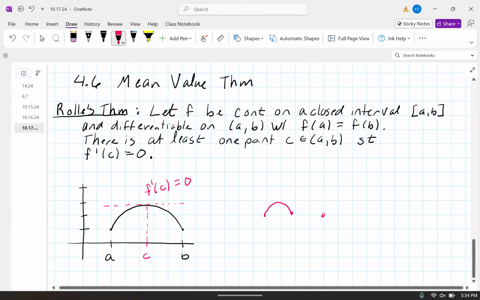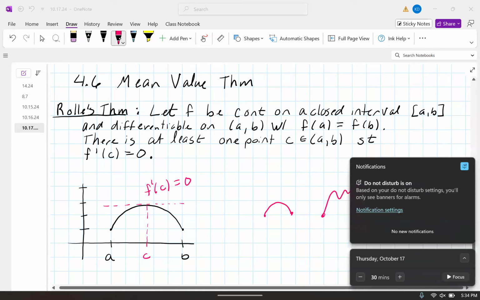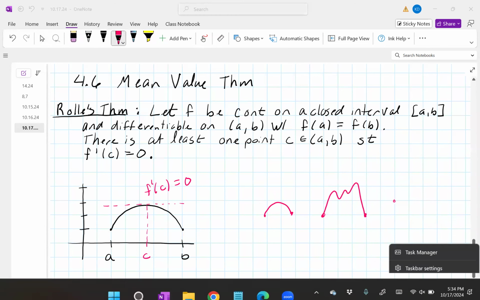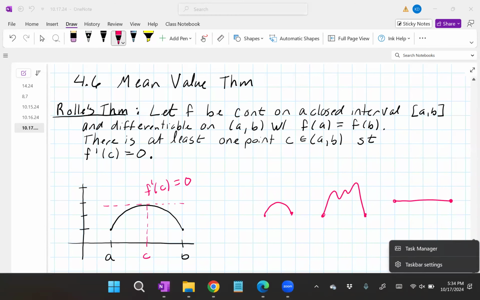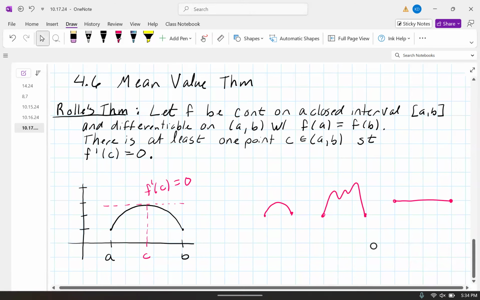Even if it goes in a crazy route, back down to here, it has to change directions. If we have a constant function, then we have a c value where its derivative is zero, every c value. So really it's saying, if it comes back on itself, we're going to have a flat place somewhere.